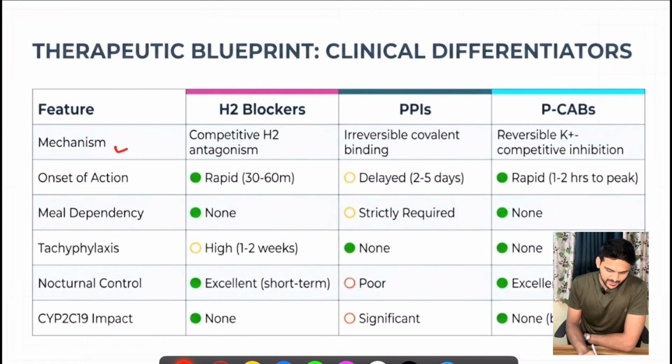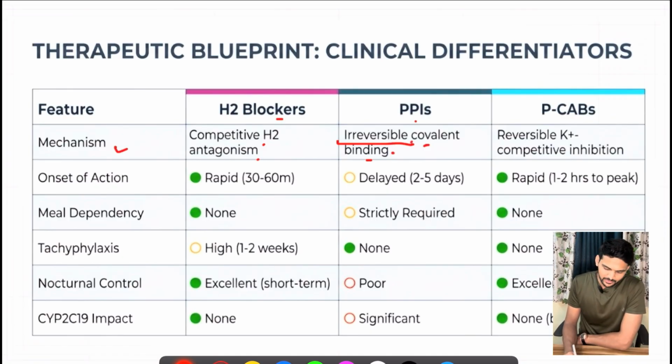When it comes to mechanism of action, H2 blockers are competitive antagonists for H2 receptors, whereas proton pump inhibitors inhibit proton pumps by binding covalently, and this action is irreversible. What is the meaning of irreversible action?